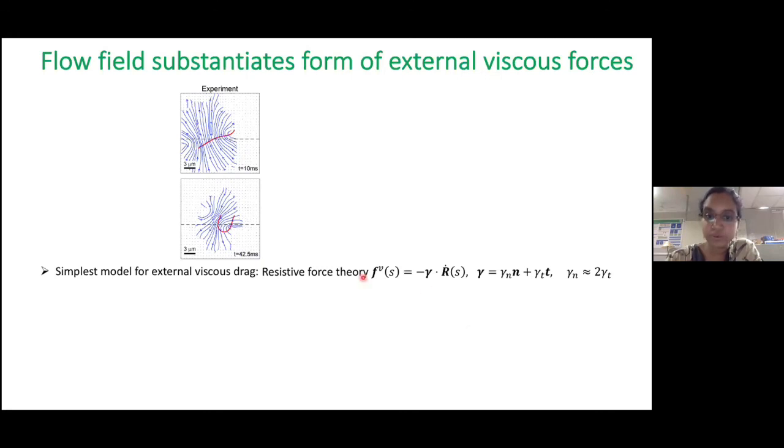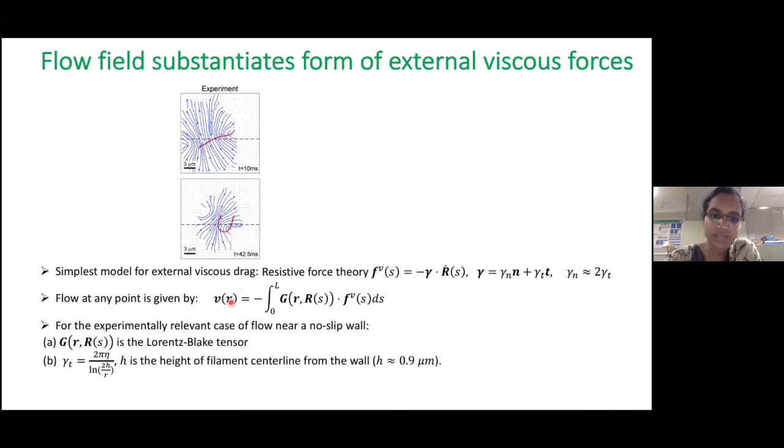So therefore you know the theoretical resistive force, and you can calculate a theoretical flow field by integrating this viscous force with the Oseen tensor, or in this case the Lorentz-Blake tensor, which accounts for the fact that there is a wall close to this filament. And essentially we can compare the theoretical flow field with the experimental flow field.